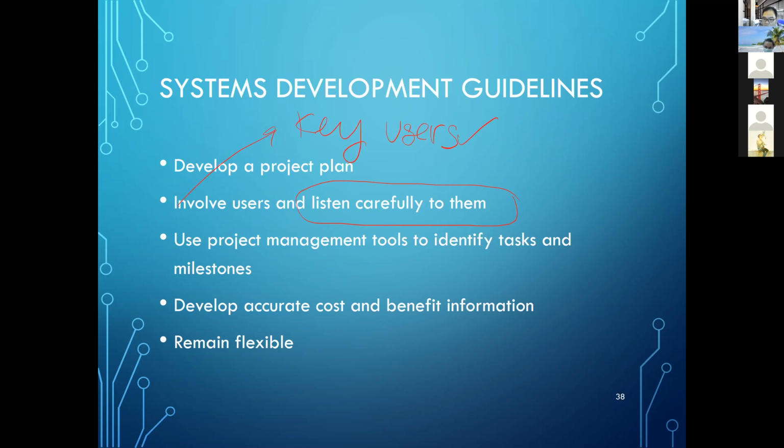Involving users here, beta testers and key users are different. Beta testers are the people who try out the system. Beta testers can give us good feedback on the system. Normally the testers come when the system is almost done, on the beta version. But key users come when the project starts.